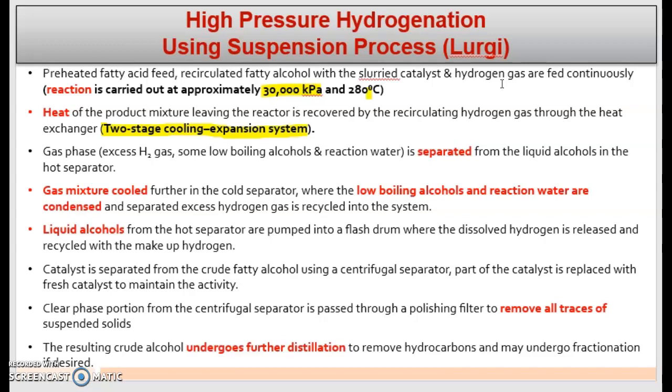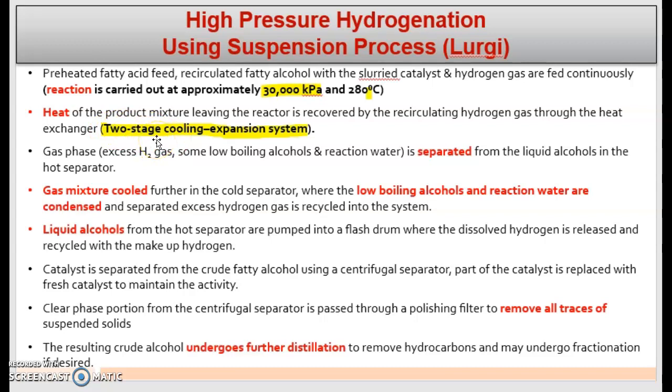The reaction condition is 30,000 kilopascal and a temperature of 280 degrees Celsius. The heat of the product mixture leaving the reactor is recovered by recirculating hydrogen gas through the heat exchanger.